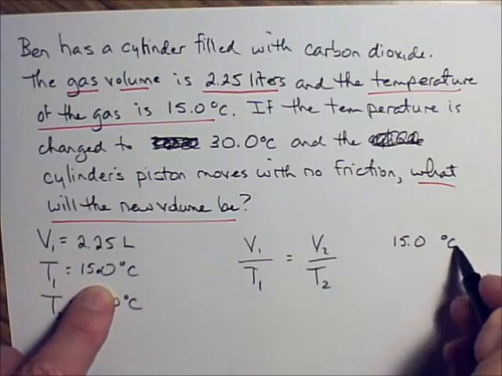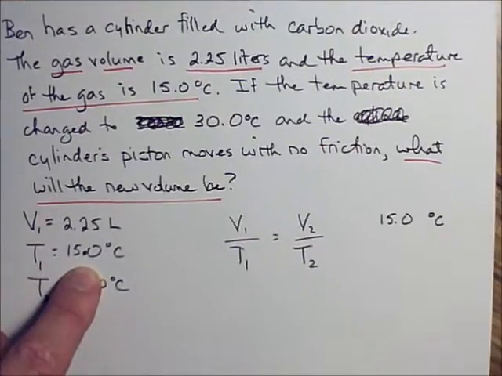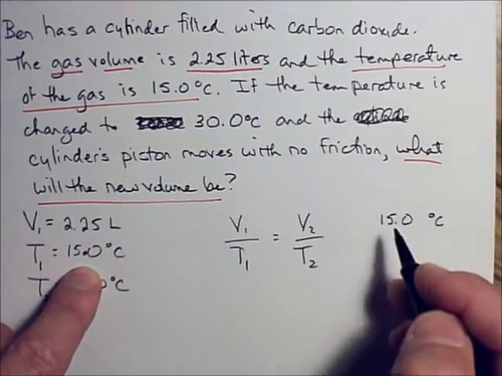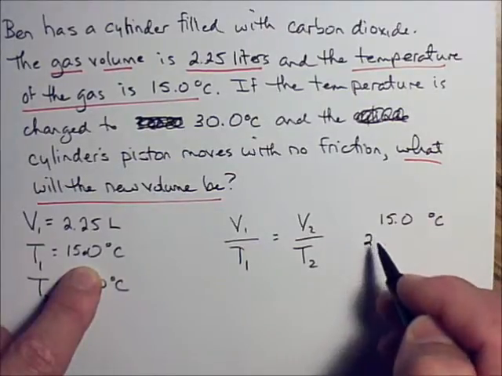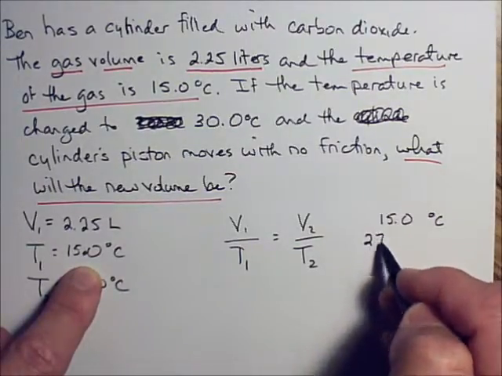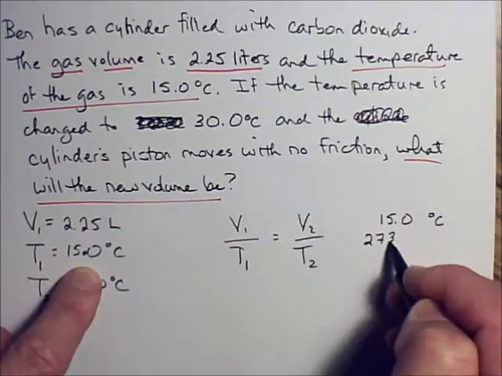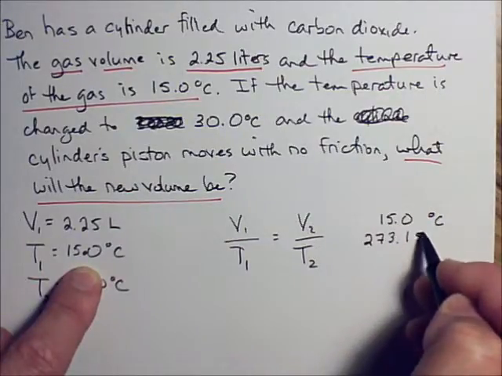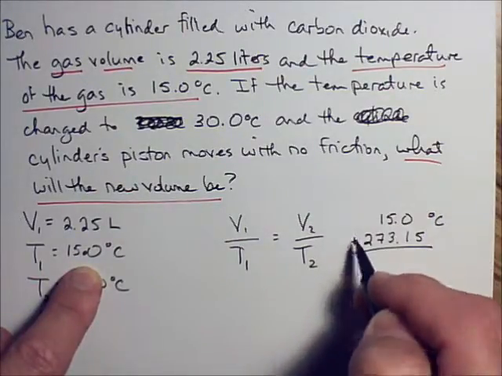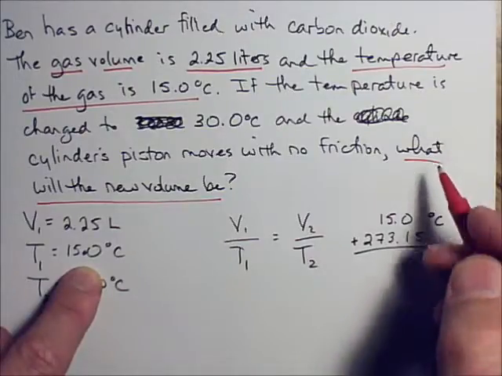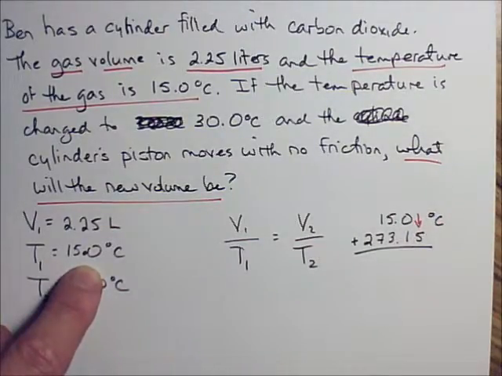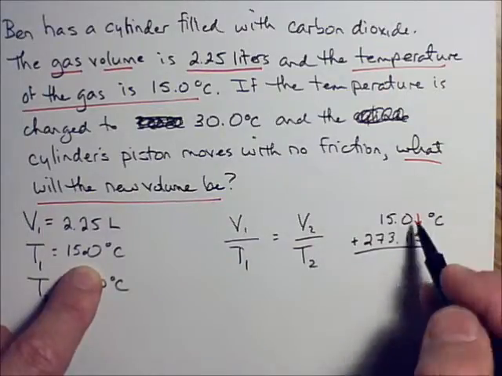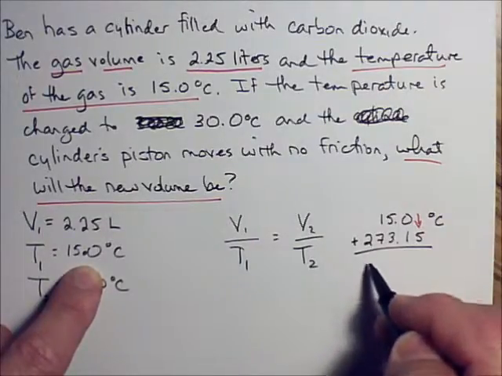So since we've got to change it to Kelvin, let's take this 15.0 degrees C and add 273.15 to it to get a temperature in Kelvin. And using the process I taught you from Unit 1, we're going to keep our digits lined up nice and neat, 273.15, and we're going to add those together. Notice there's an empty slot right there. So we know we're going to have to round off a digit at the end. 288.15.